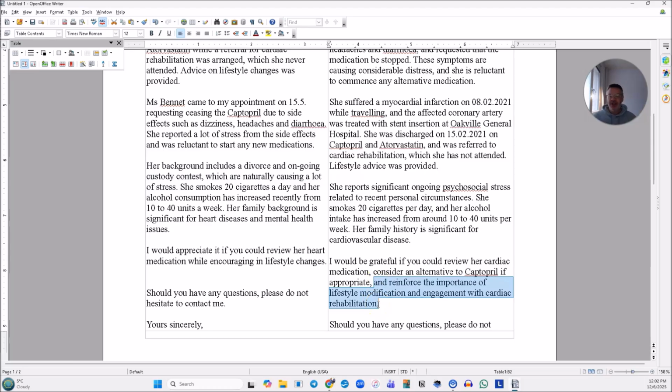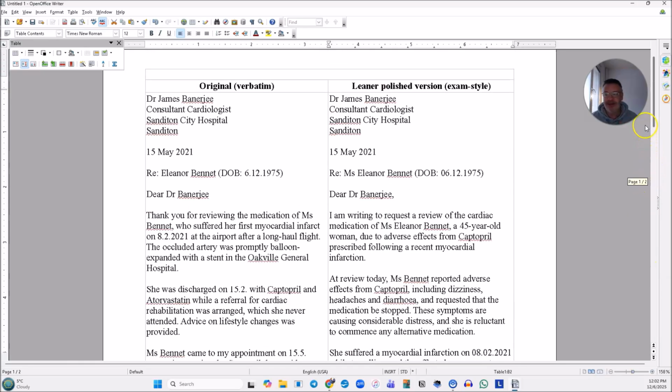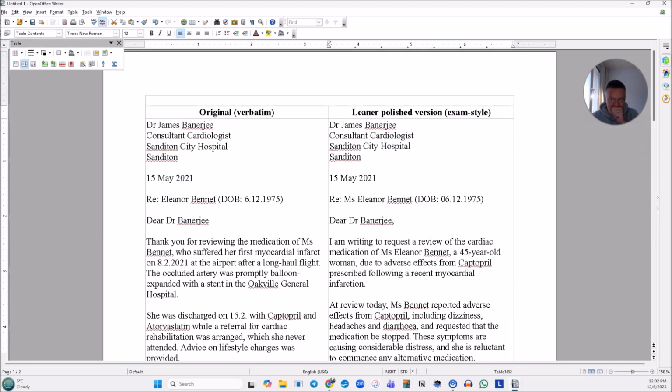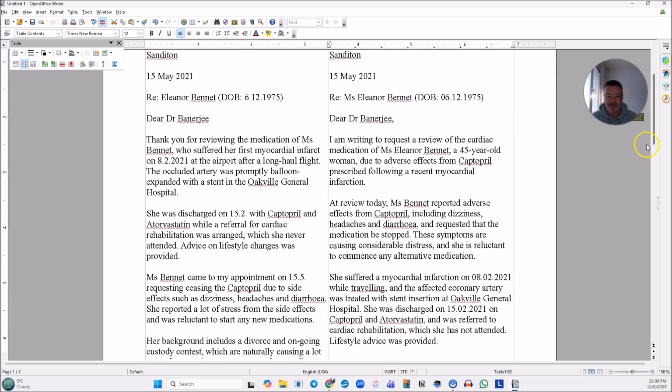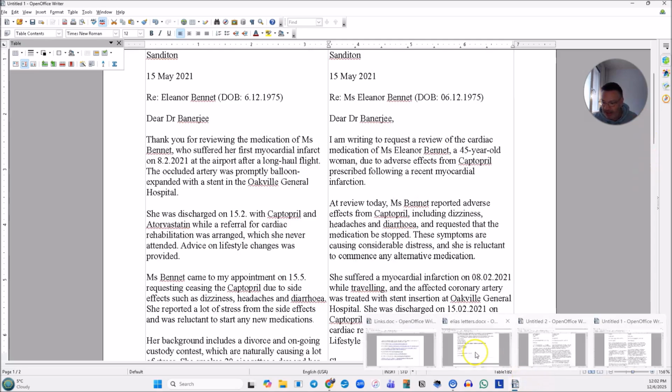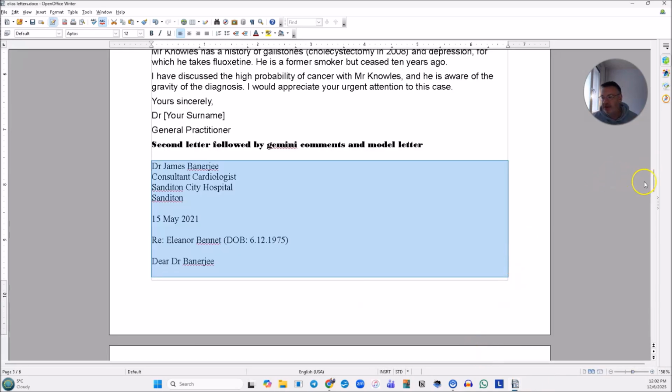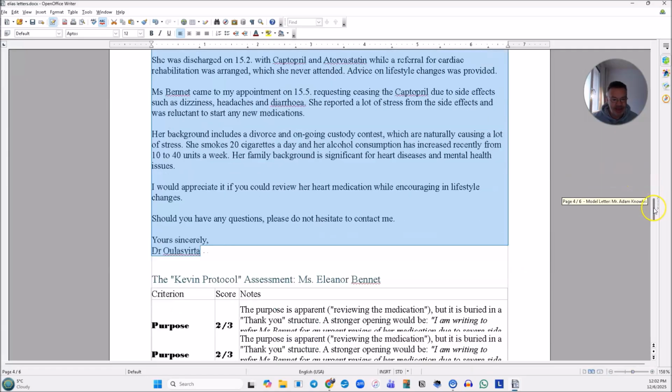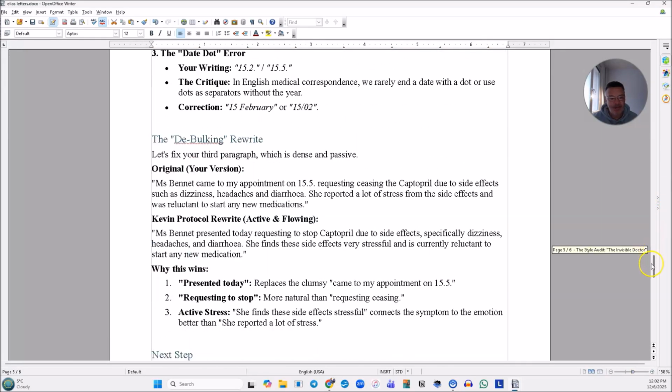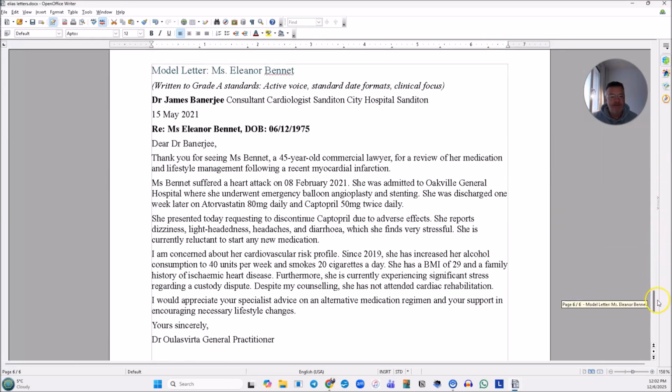Right, so you can see how my version is pretty good, obviously with quite a lot of iterative prompting from me, because it didn't do that originally, but you can see that's definitely an improvement. Now let's see what Gemini did, what Gemini said. Let's have a look.